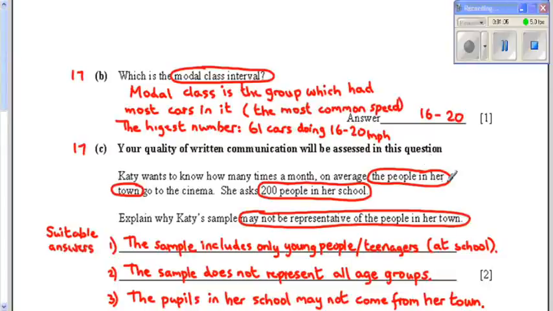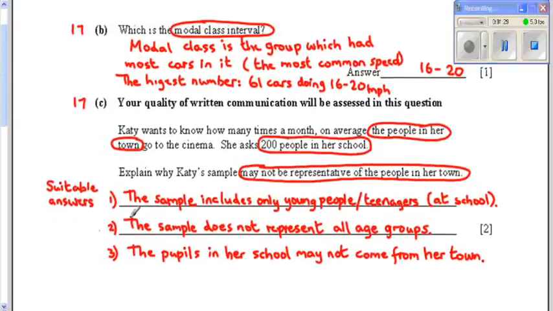So there's the first thing you can highlight, the people in her town. She asks 200 people in her school. So again, you could circle or highlight that, because that's an important bit of information. And you've been asked to explain why this sample of people, these 200 people, may not be representative of the people in her town. Right, there's various answers here.